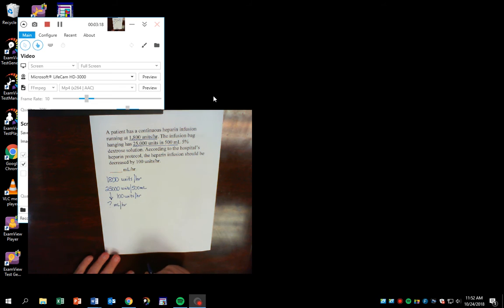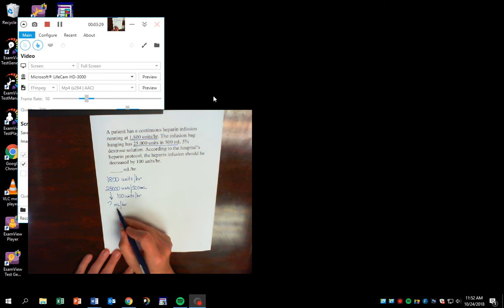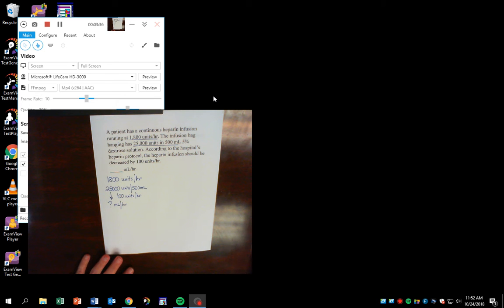So with these, what you have to look at, because you'll notice that all of our information is in units here, and so we don't have any milliliters per hour, but we can get to that by figuring out, what's the next step? What do we need to do?